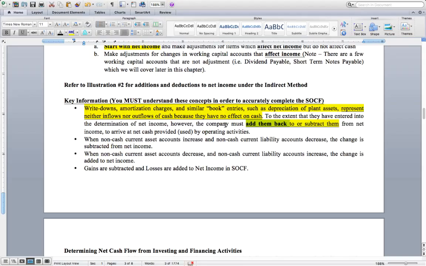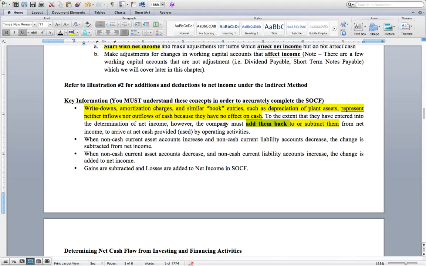What this represents: if your accounts receivable increases, you did not receive cash for that balance, but it is something that you will receive cash for. If your liability, so your accounts payable, decreases, that means you used cash to pay that liability.